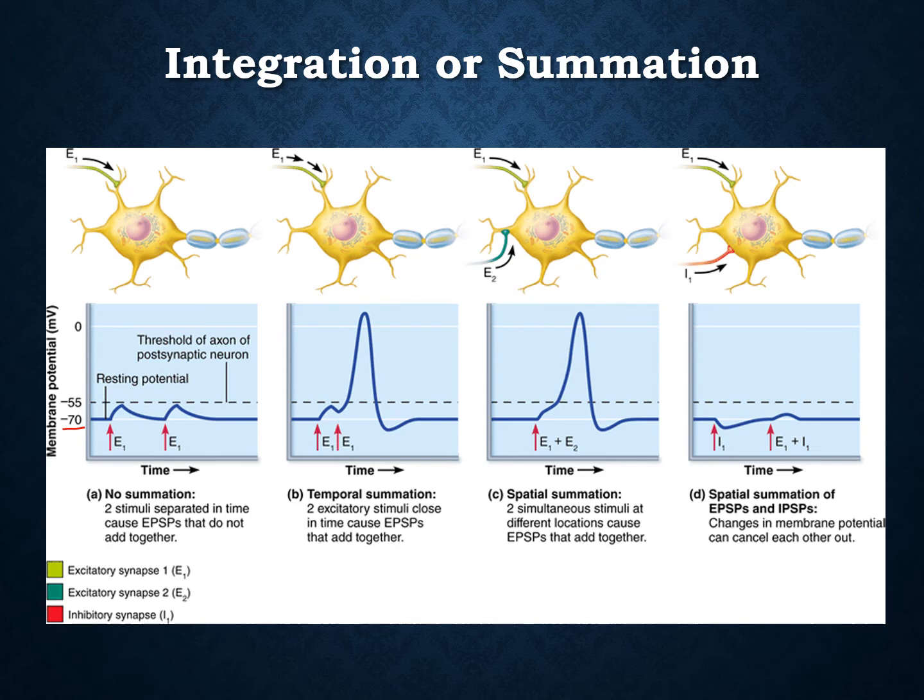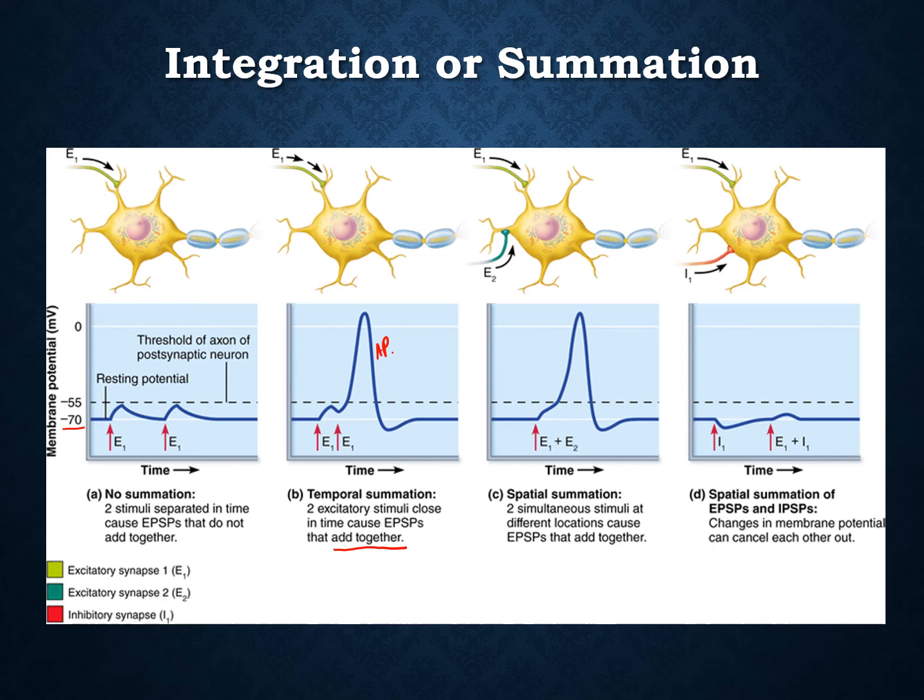In diagram B, this is the temporal summation. Two excitatory stimuli close in time cause EPSPs that add together. That is very important. They add up together, and it crosses minus 55 millivolt. So over here the action potential has been generated.